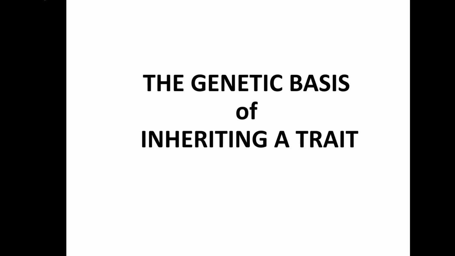He was an Austrian monk, and he made the first discoveries about how traits are passed from one generation to the next because of his study of a very basic pea plant. These experiments were conducted by him in the 1860s, so a very long time ago. So we're going to talk about that as well.